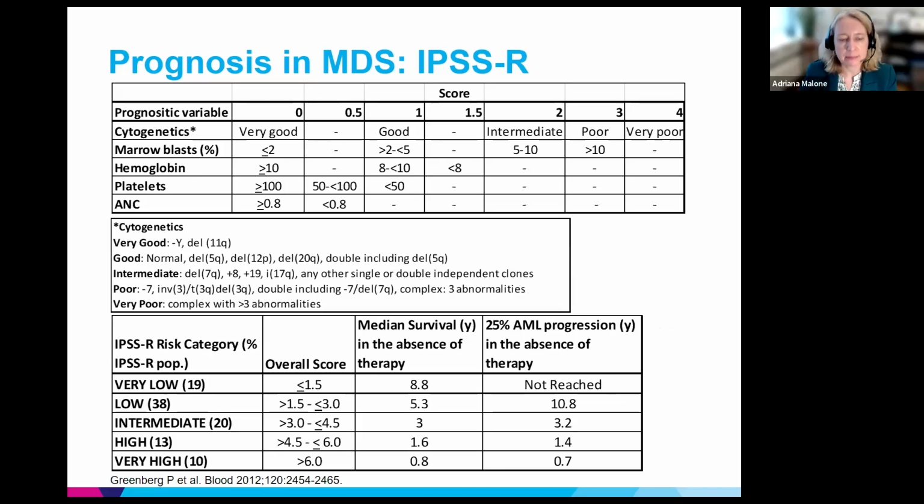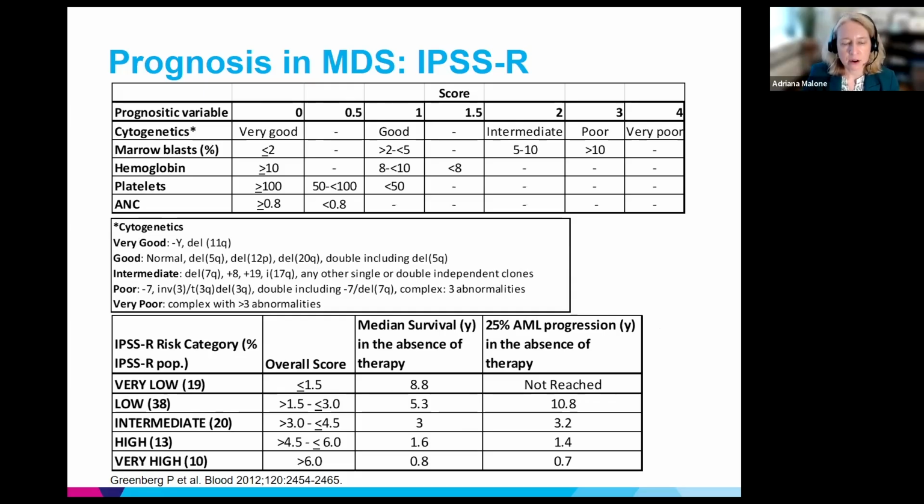More recently, the IPSS-R has been published and is now being used, and is very similar to the IPSS, except the IPSS-R substratifies out the hemoglobin, platelets, and ANC versus singularly looking at these as the number of cytopenias.